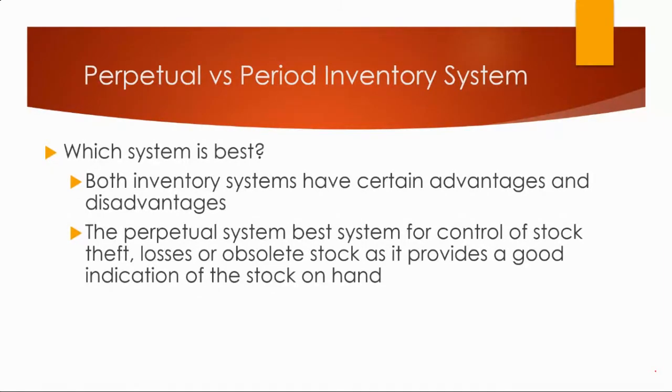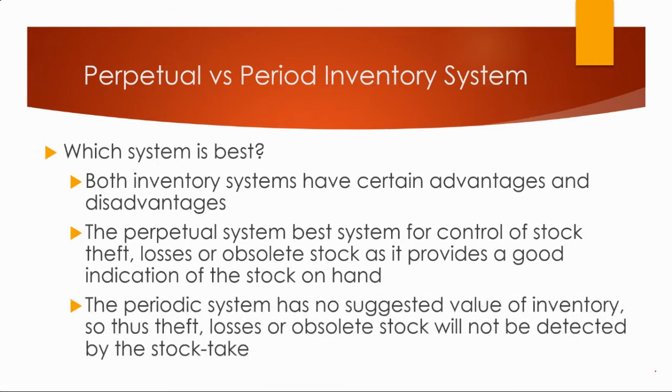So this is generally a better system for your big companies. For example, like Coca-Cola or Edgar's, your big companies want to know exactly how much stock they have on hand at any point in time. McDonald's would fall in there, Burger King, KFC, all of those big entities would generally fall in here.